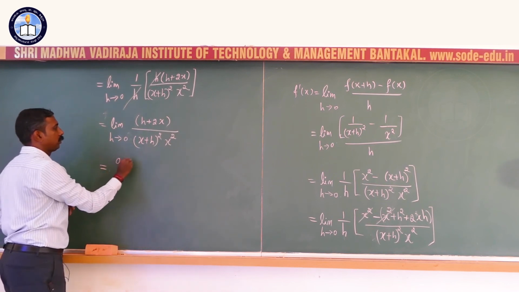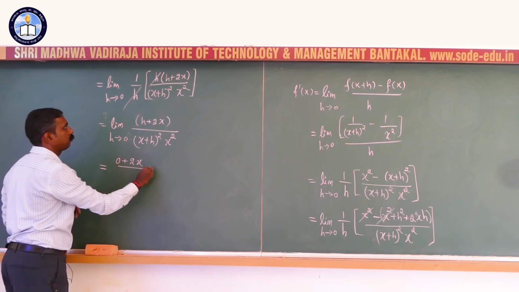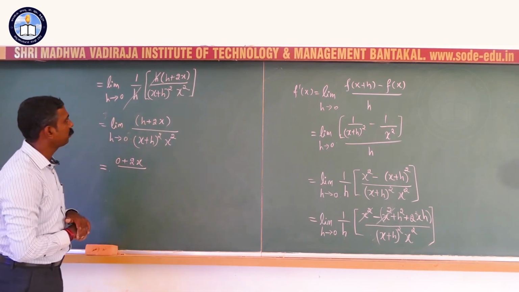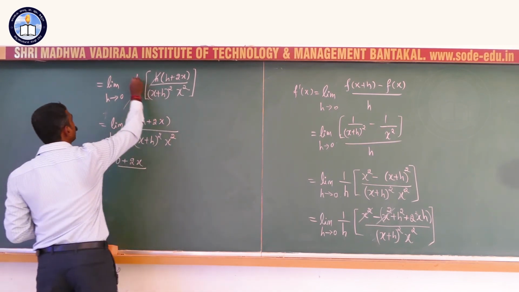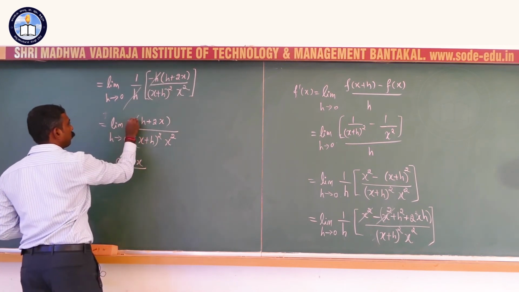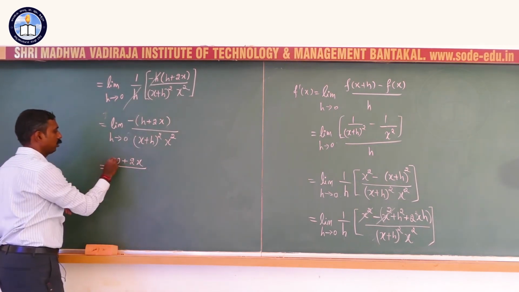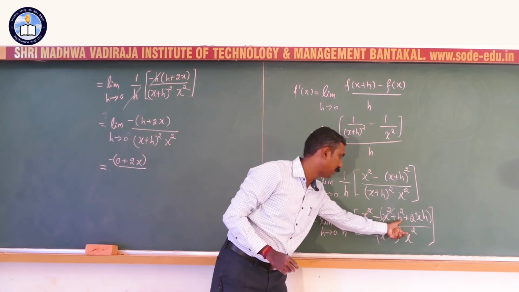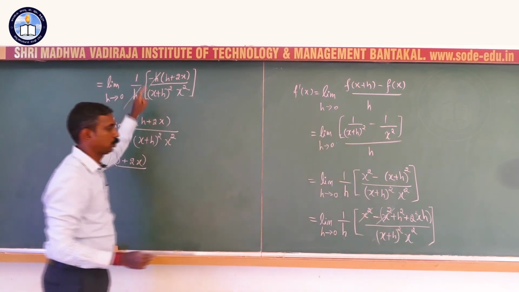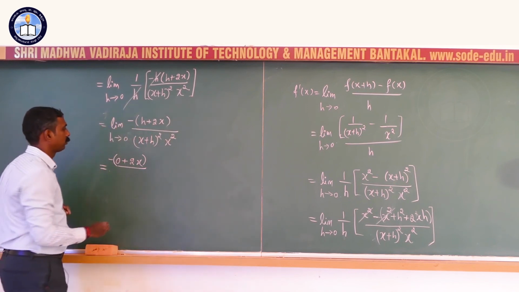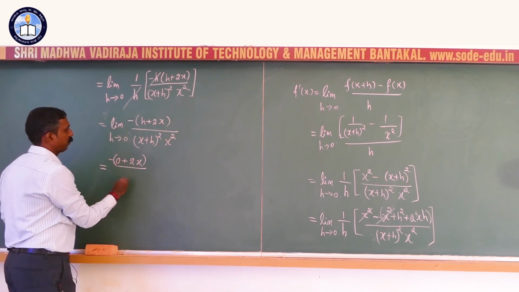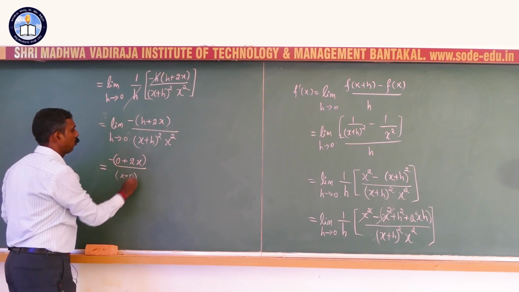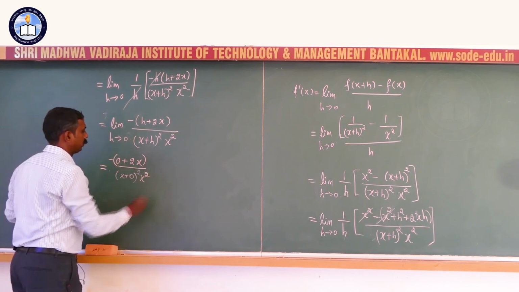Apply the limit, 0 plus 2x divided by, I made an error I think, yes, there was a minus sign outside, so minus of that, so minus 0 plus 2x, because when you take h outside it is minus h. So, minus 0 plus 2x divided by x plus 0 whole square into x square.